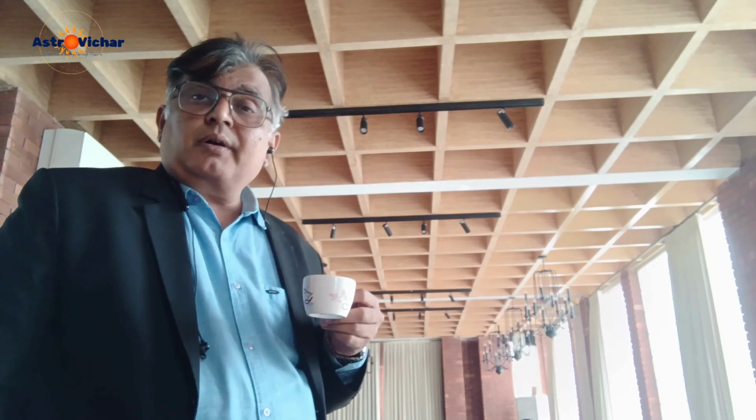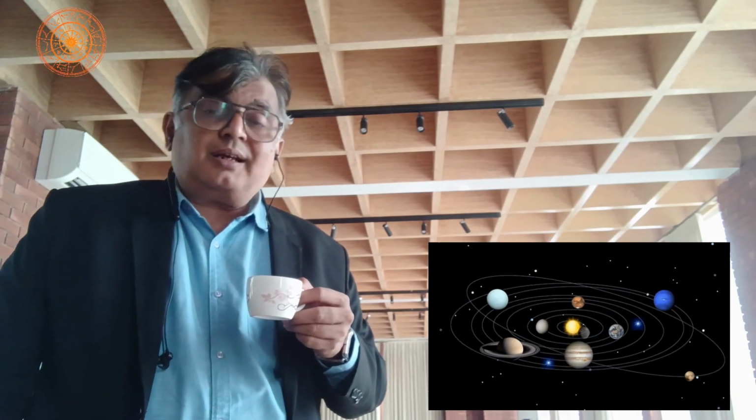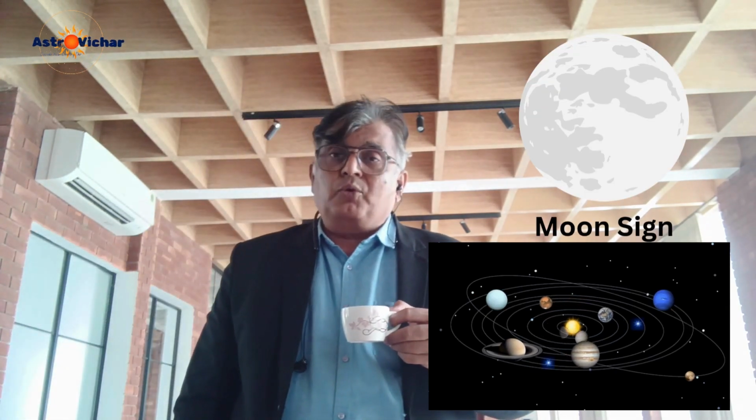So don't go that way. It is not a correct way. It will not match. For Rasifal, one has to check either the moon sign or Lagna sign. And the most important sign for Gochar or Dasa prediction is the moon sign.